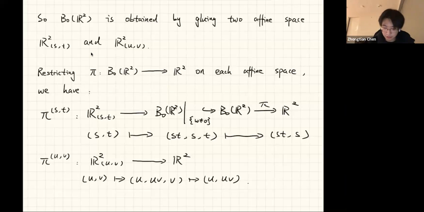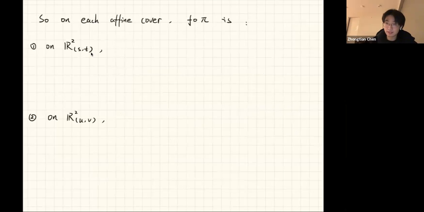So now what we have done, we start with the blow up, we cover it by two affine spaces, and we compute its projection map on each of these affine spaces. Our goal is to compute this function, and we do so by considering it on each of these affine spaces.